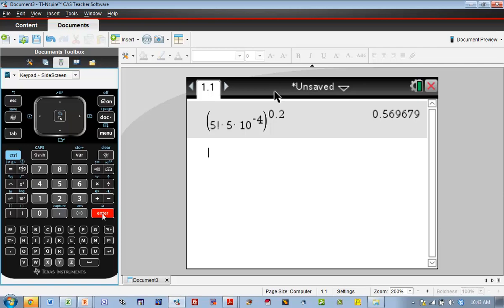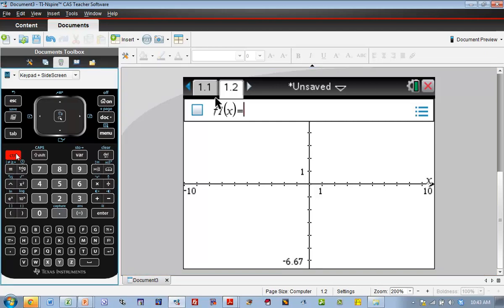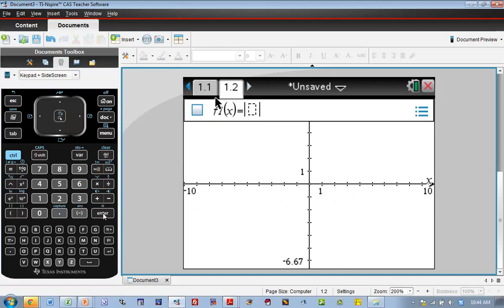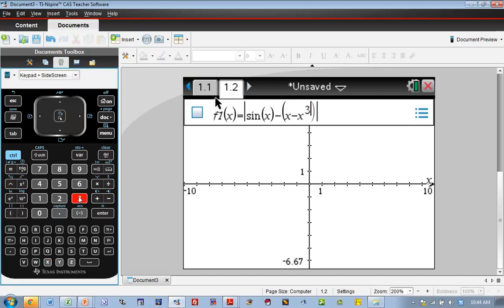Let's see if we can take a look at this graphically. Let me add a graphing window. And in that window, I am going to write essentially what we're trying to find, which is the absolute value of sine of x minus my estimator of sine of x, which was x minus x cubed divided by 6.